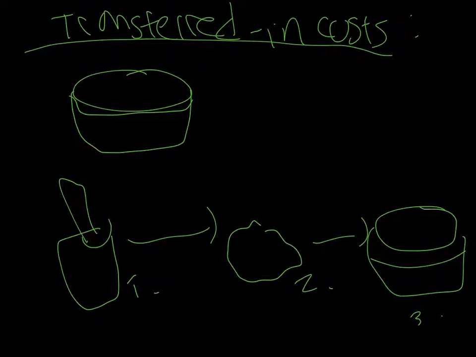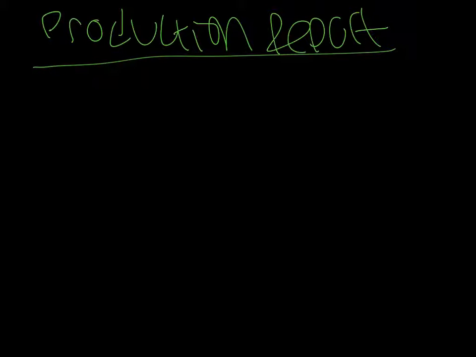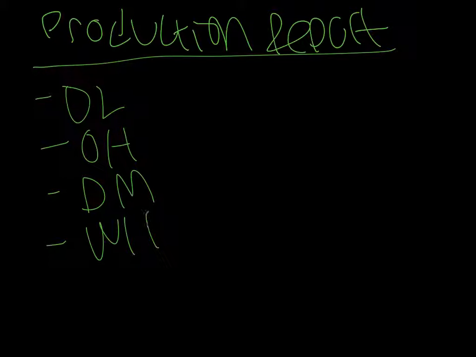Next, I will discuss how to prepare process costing. Process costing reports, or production reports, consist of direct labor, overhead, direct materials, and work in process.